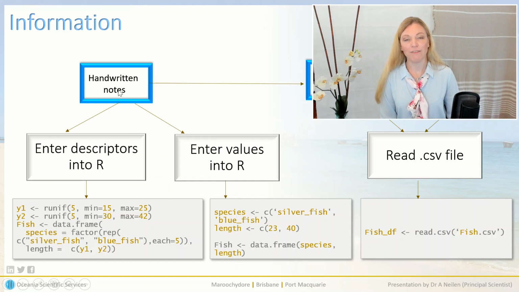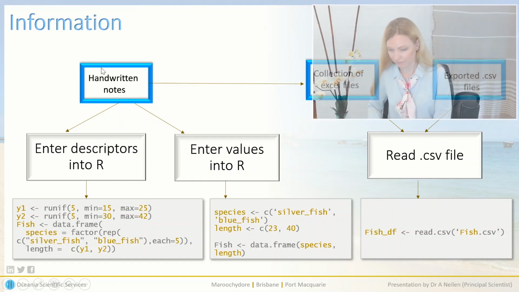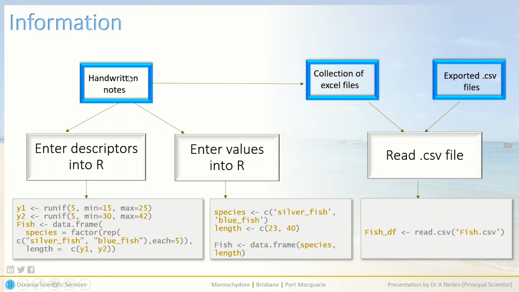If we only have these two exact values, we would go from handwritten notes, enter values into R, and we'll have these lines of R code here. So we have species, the name of the species, silver, blue, and the corresponding lengths.